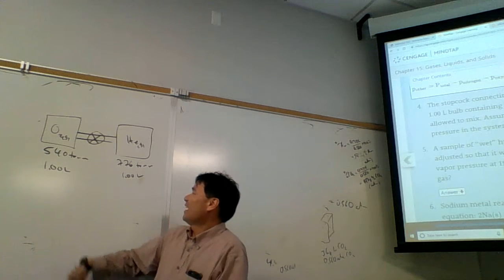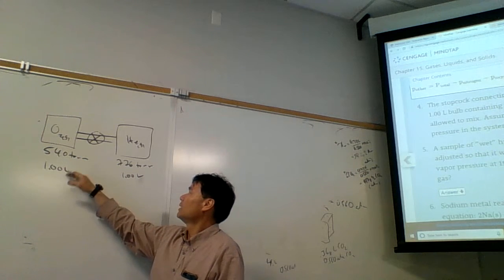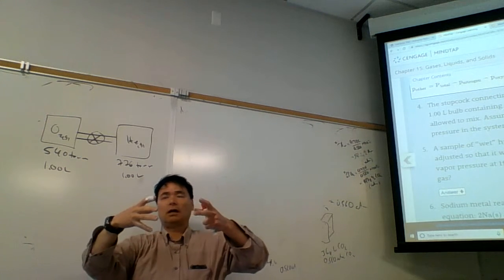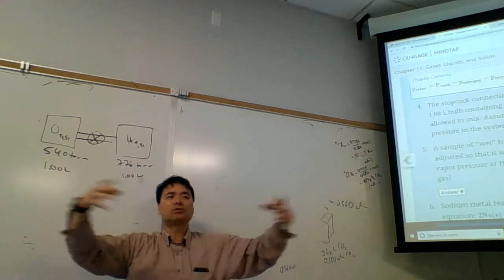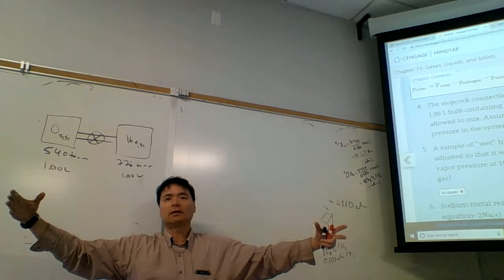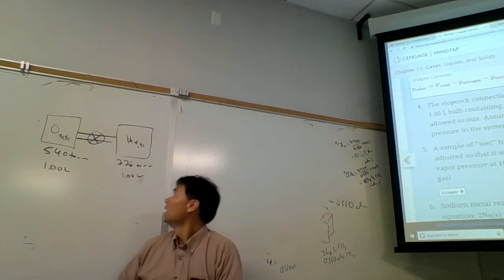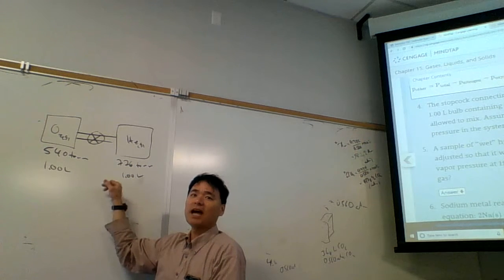What happens if I have a gas, oxygen, and I double its volume? That is, I have 1 liter of oxygen, and now I'm going to double its volume, make it 2 liters. What's going to happen to the pressure? It's going to be cut in half. And the same thing with helium. If I go from 1 liter to 2 liters, that's going to be cut in half.